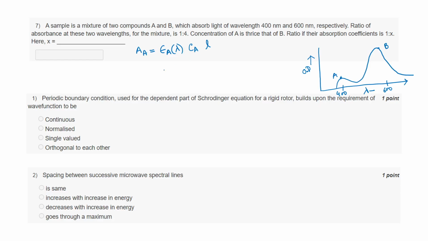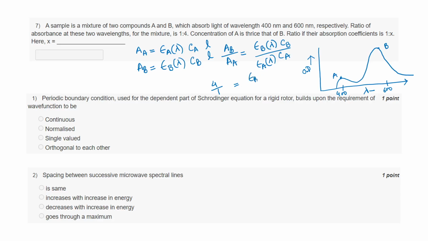Okay. Now what about B? Epsilon B also will depend on lambda, the concentration of B, and L. Now what they are saying: if I take a ratio of absorbance of B by absorbance of A, then I am going to get epsilon B at lambda times concentration of B, over epsilon of A and concentration of A. L got cancelled because we are doing it in the same cuvette, so the path length is the same. The ratio of absorbance is given as 4 by 1, right?